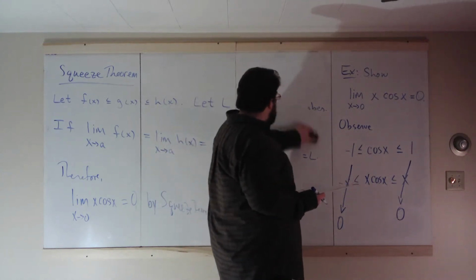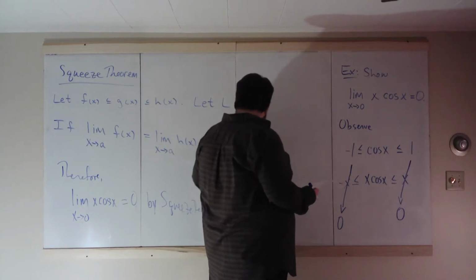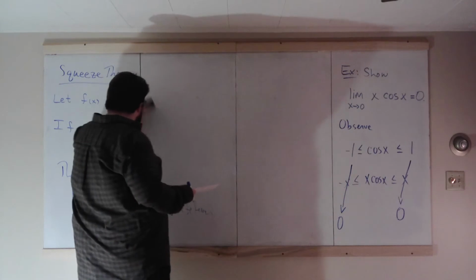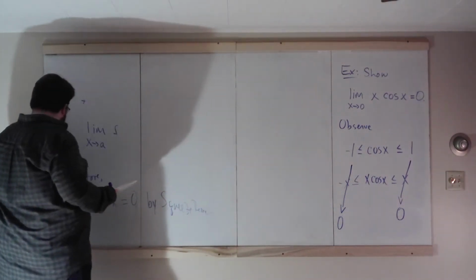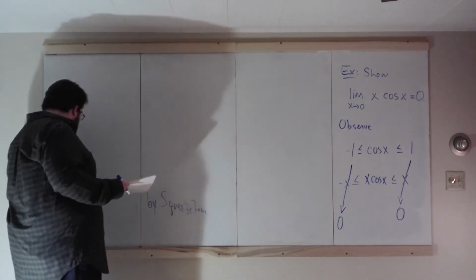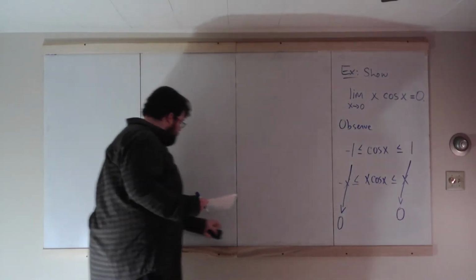Let's do another. Let's do one where we'll never be able to do a direct substitution. By the end of another video this week, we'll be able to do a direct substitution for trig. But this next example, we can't do a direct substitution, ever.